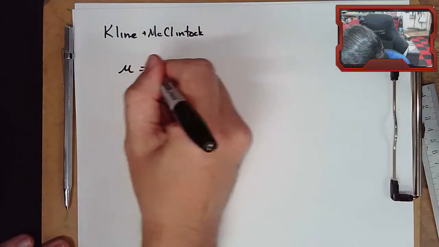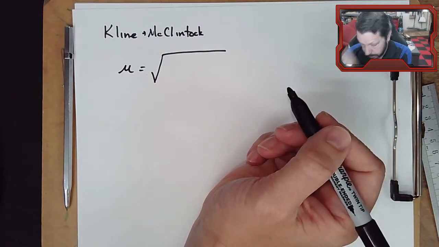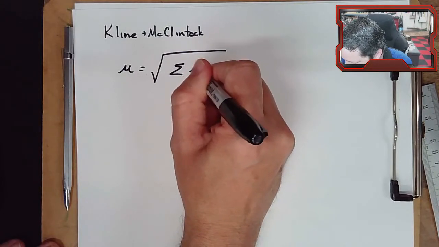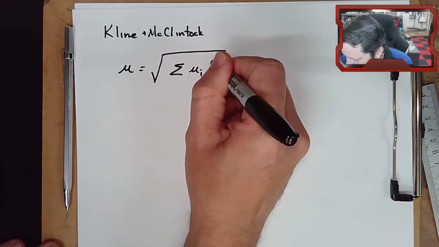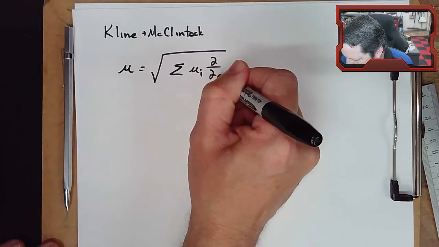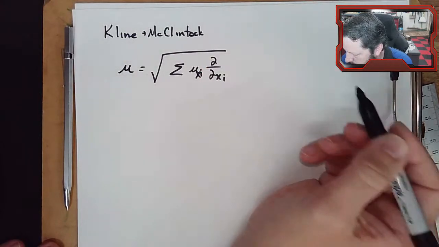It equaled the square root of the summation of all of the individual uncertainties times the partial derivative with respect to x_i, squared.